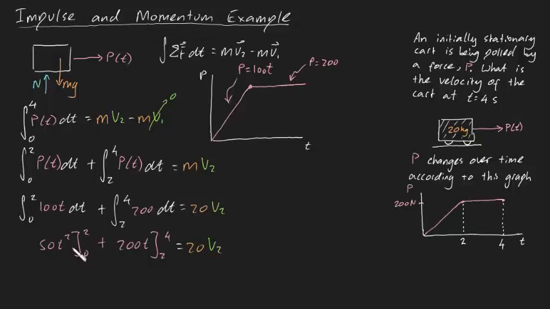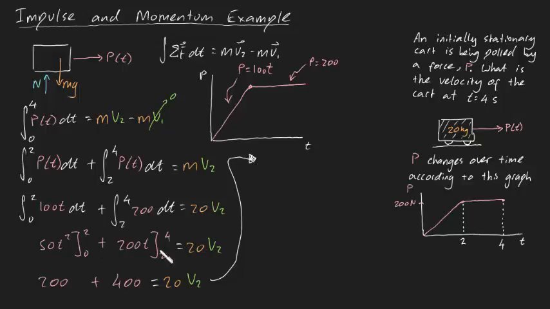I'll shortcut this a little bit: this will be 50 times 2 squared, which is 50 times 4, which is 200. Then we add that to 200 times 4 minus 2, which is 200 times 2, which is 400. And that's equal to 20 v2.